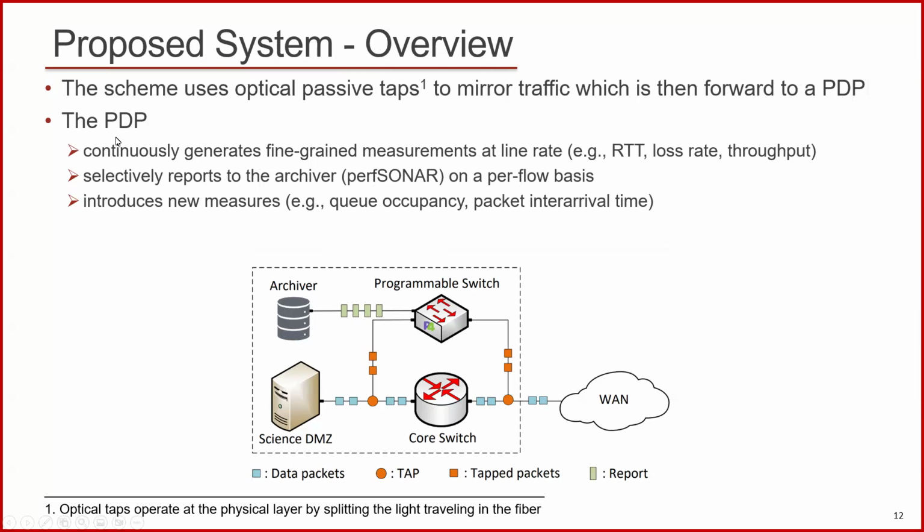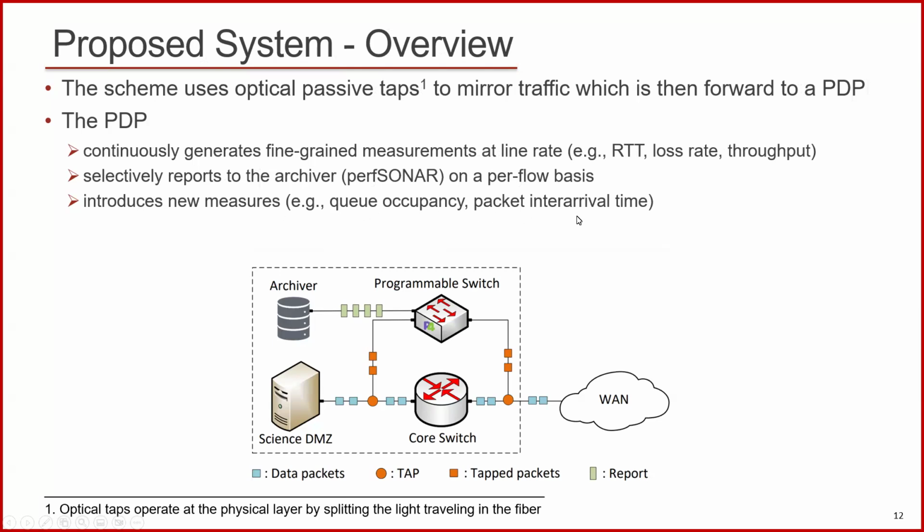As we said, the BDP will continuously generate fine-grained measurements at line rate, and it will selectively report to the archiver based on the adaptive sampling technique we employed. We also introduce new measurements, Q occupancy and packet arrival time.